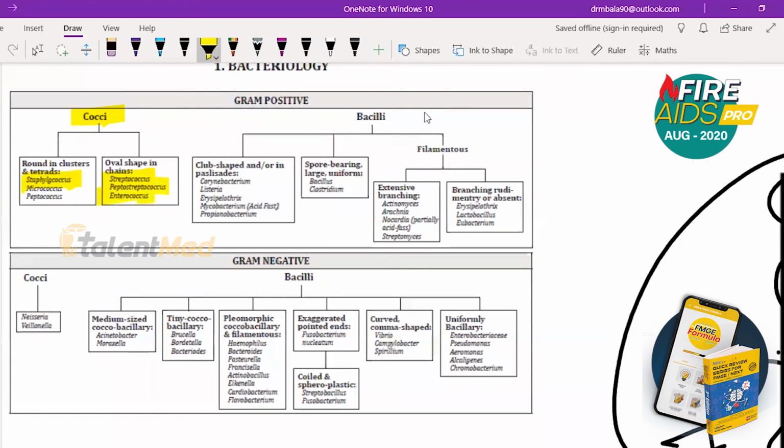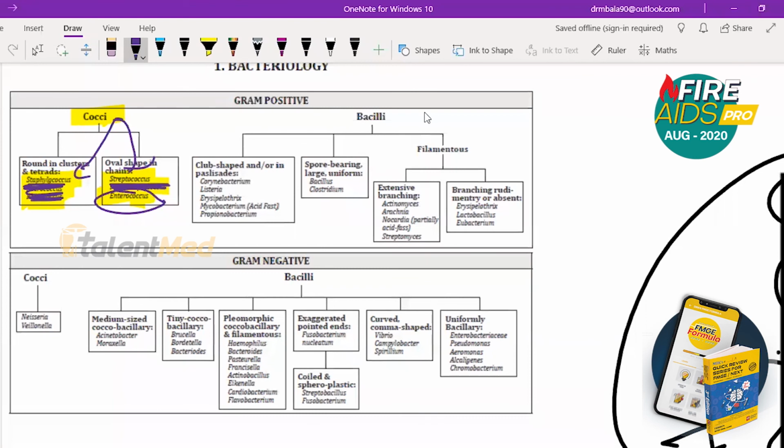Out of which you can ignore Micrococcus and Peptococcus. You need to know cocci means we are talking about Staphylococcus, Streptococcus, and Enterococcus.